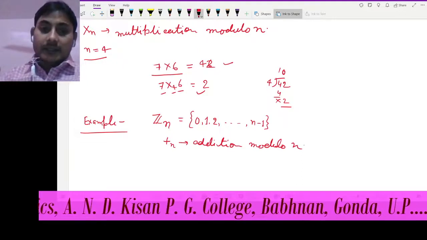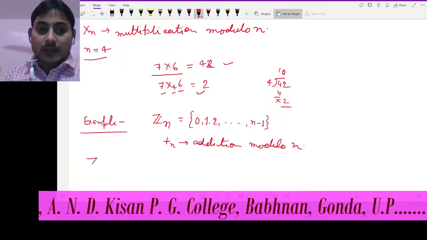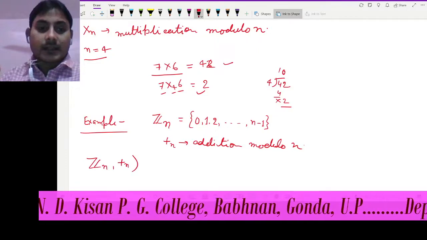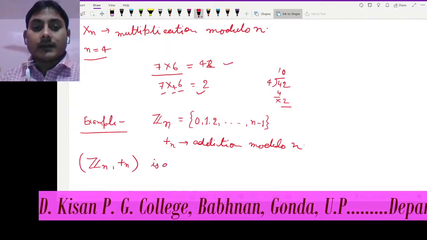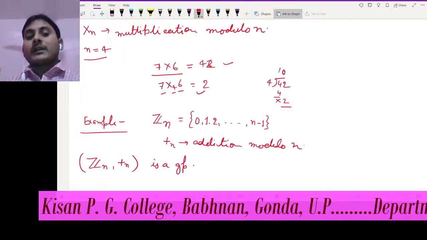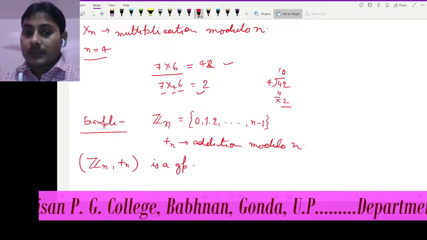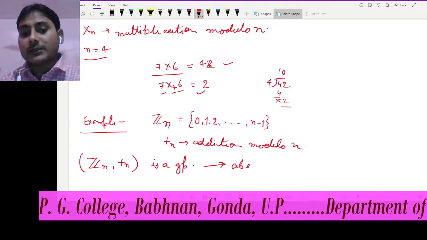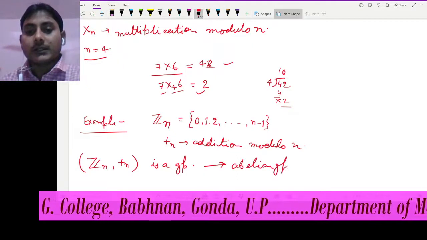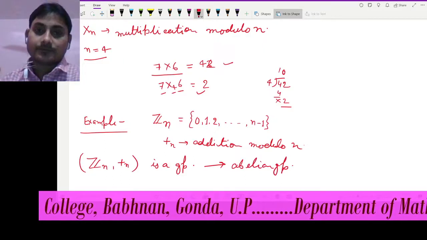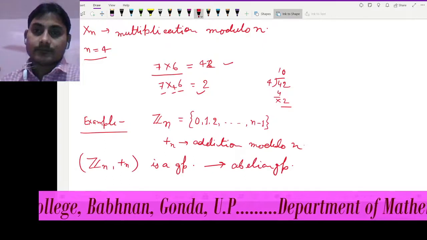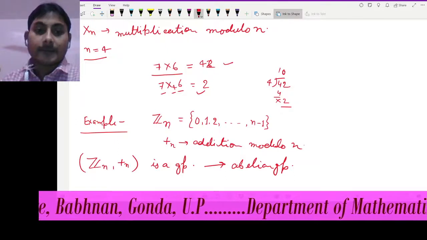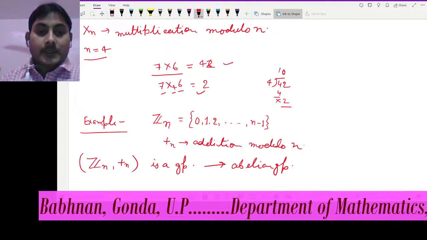I am claiming that this collection Zn with addition modulo n is a group, and moreover it is an abelian group.